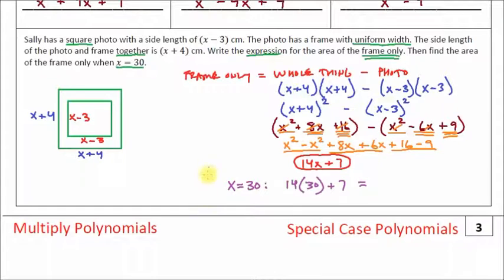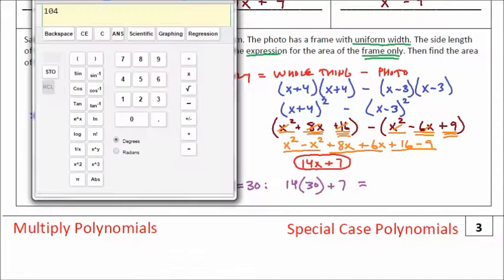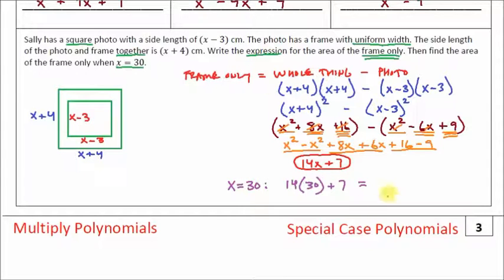Now we can plug that into our calculator. We've got 14 parentheses 30 plus 7 equals 427. So our area will be 427, and this is centimeters. Our unit of measure is centimeters, and remember, since this is area, it's going to be centimeters squared.